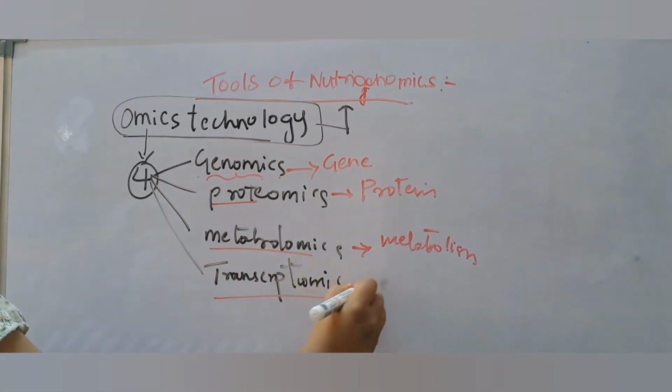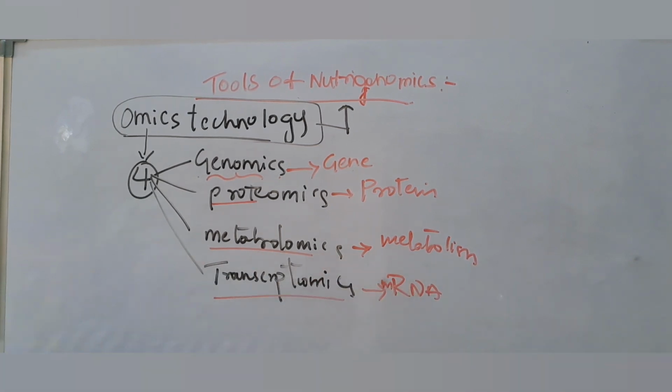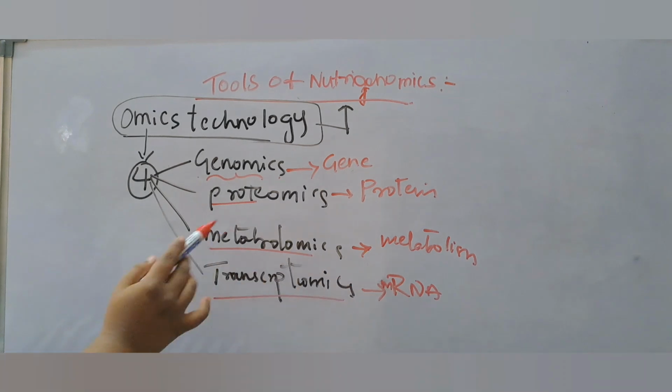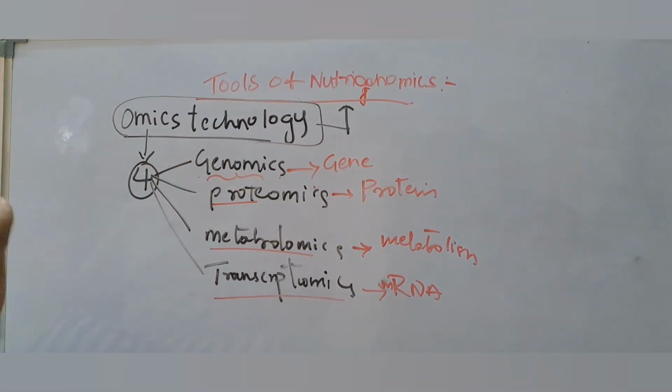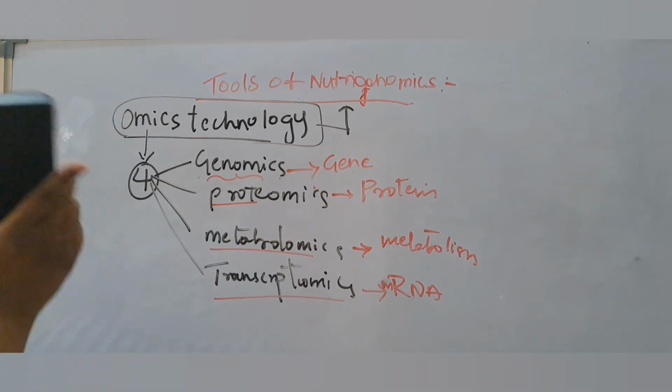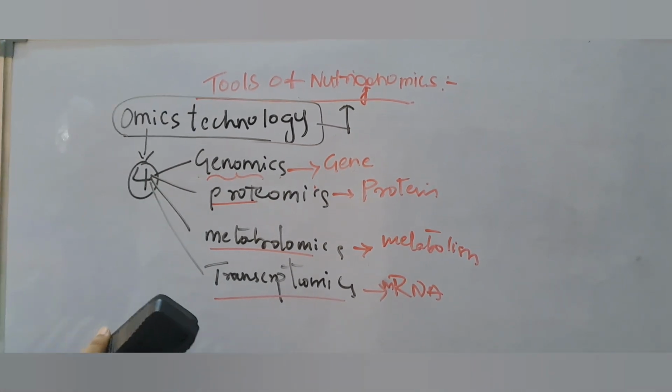And in transcriptomics it is RNA, mRNA, right? So these are the technologies that are introduced in genes, proteins, metabolisms, and in mRNA, that is transcription, we will learn in genetics, right? So for that we will learn genomics, proteomics, metabolomics and transcriptomics.